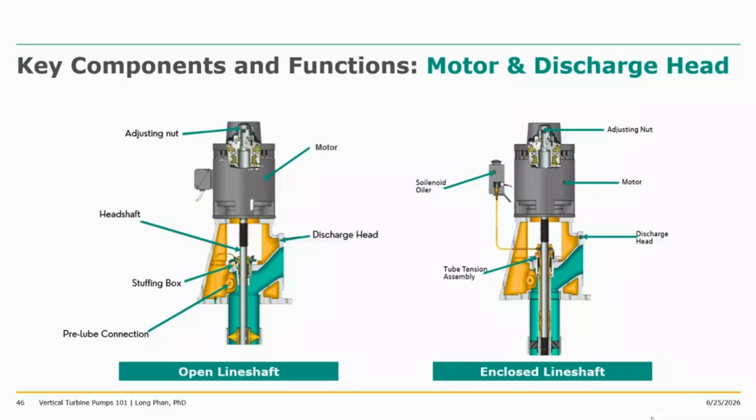In this case, we're just showing one typical vertical hollow shaft with an adjusting nut and a head shaft for the open line shaft. The sealing arrangement there is a stuffing box, and then on the enclosed line shaft, you have similar components, but the sealing arrangement relies upon the tube tension kit. And then you have an extra feature like the solenoid oiler, basically an oil reservoir, to supply oil that lubricates the spiral groove inside the shaft by gravity.